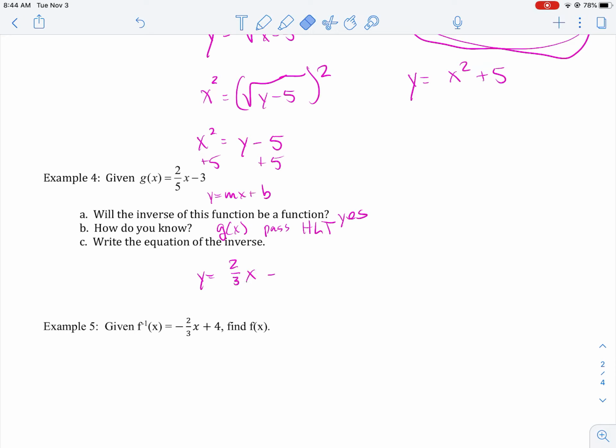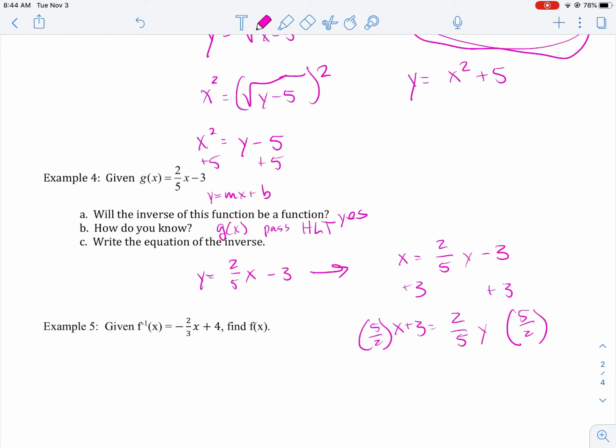Whoops, that's a 5. Okay, so I'm going to switch the y's and the x's. Then I'm going to solve for y. So I add 3. That's y. I'm going to multiply by its inverse, so 5 over 2.